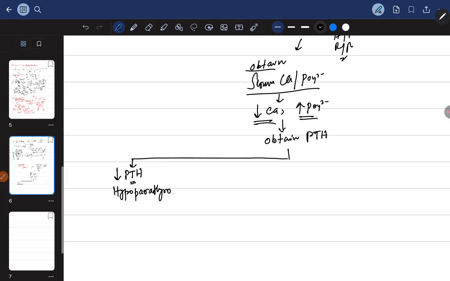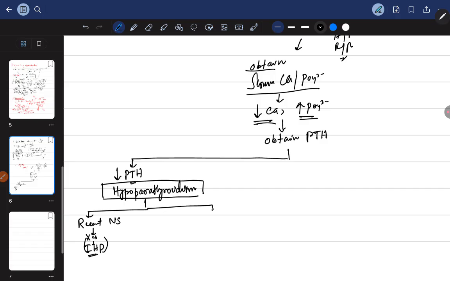But when you diagnose hypoparathyroidism, see if there was recent neck surgery. If yes, it is iatrogenic hypoparathyroidism. If no, and you are in an advanced lab, go for genetic testing to see whether it is a case of autoimmune destruction.